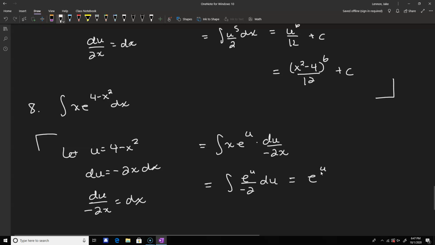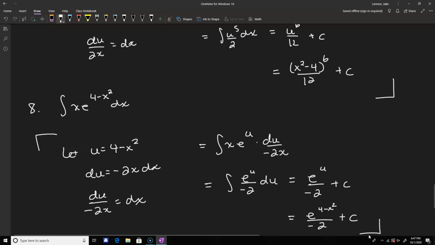So this is e to the u over negative 2 plus c. And then we want to change u back to what it represented, which was 4 minus x squared over negative 2 plus our constant. So that's it for number 8 here.